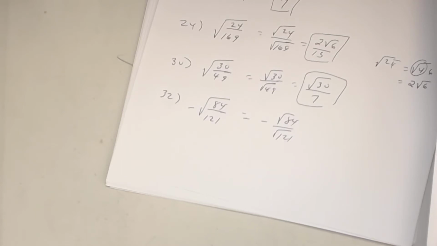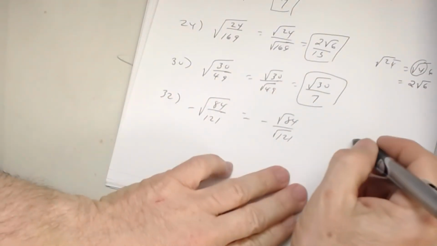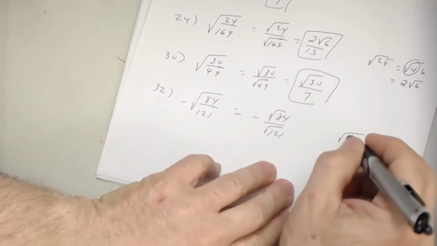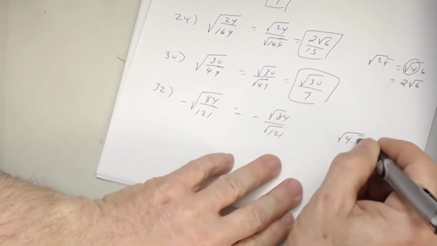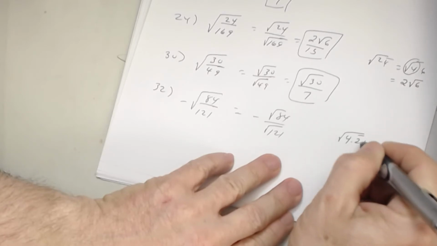There's an obvious one, 4. But is it the largest? Well, you may not be able to tell right away, but here's what I would do. Let's use 4 for right now. So 84 is 4 times what? 21. And let's talk about 21. Can a perfect square other than 1 go into 21? No. So 4 is the largest.